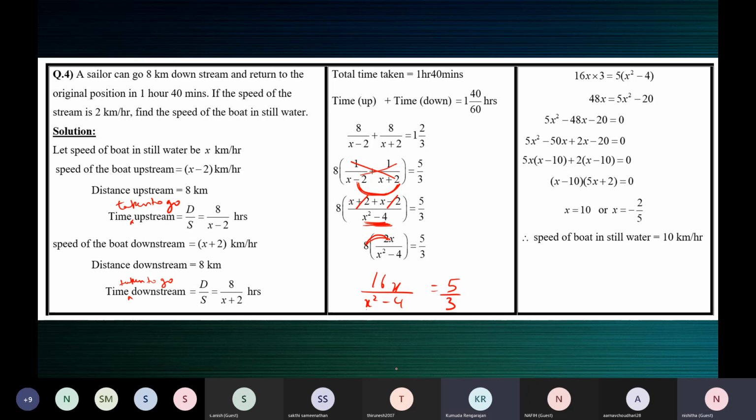Cross multiply. Sixteen x into 3 is equal to 5 into x square minus 4. Quadratic equation, solve and find the value of x. Negative, not possible. So x is 10. The speed of the boat in still water is 10 kilometers per hour.